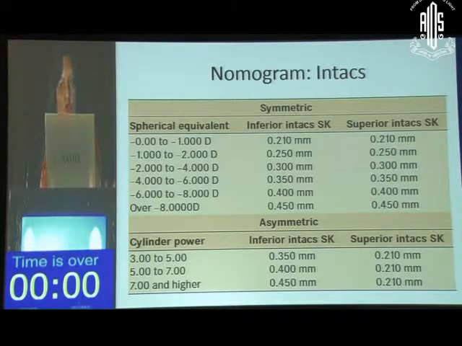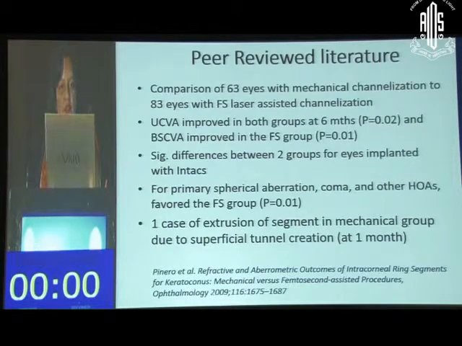There are no specific nomograms for femtosecond guided creation of channels, and this was again a study which compared mechanical channelization versus femtosecond laser assisted channelization, and found that the uncorrected visual acuity and the best spectacle corrected visual acuity both improved with both the groups, and primary spherical aberration, coma and other higher order aberrations favored the femtosecond group.